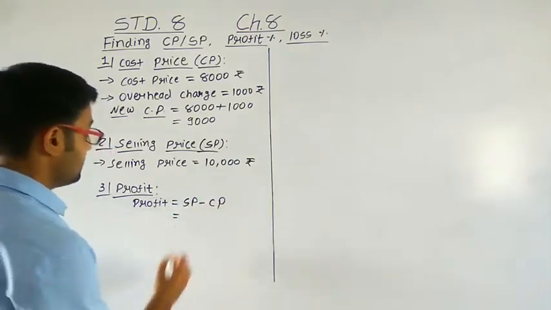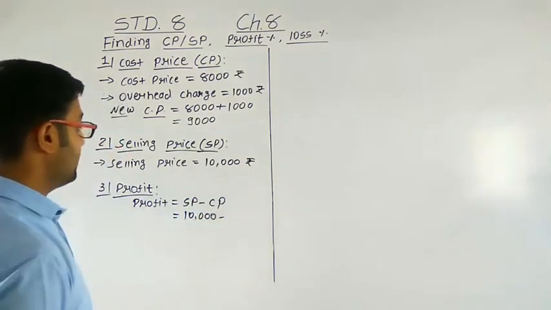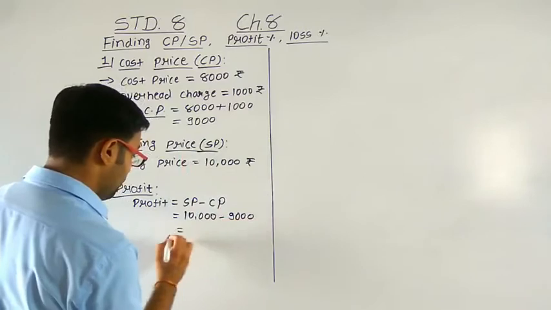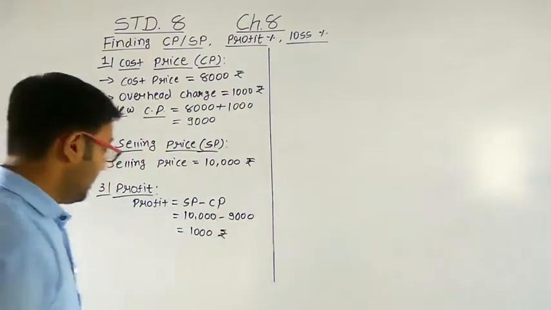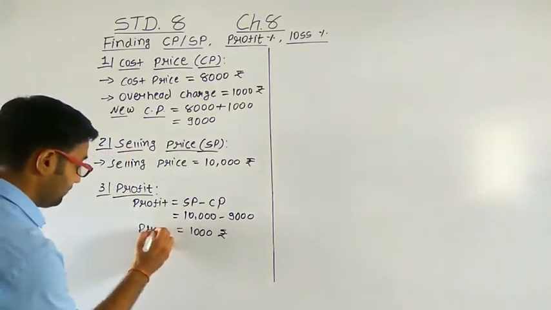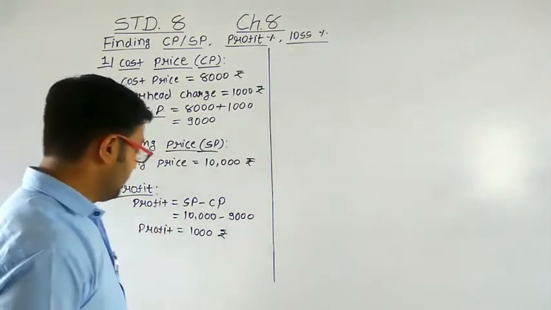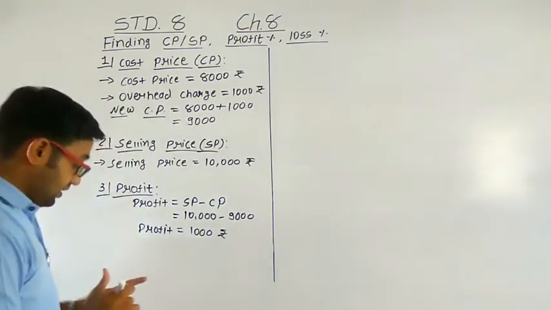The selling price is 10,000 and the cost price is 9,000. So how much money do you gain? 1,000 rupees, and that is called the profit. So you have made a profit of 1,000 rupees.